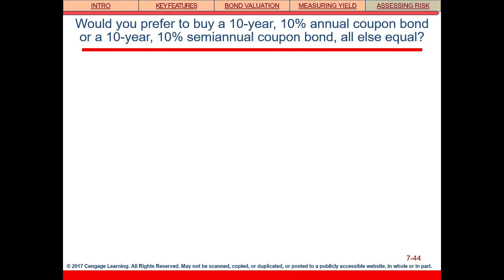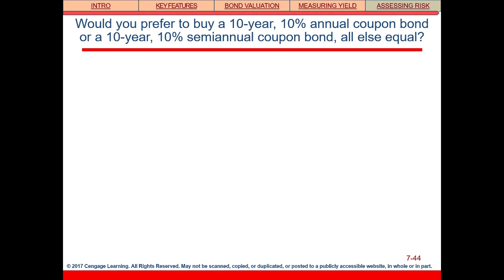So if the par value is, let's say, $1,000, then with a 10% coupon interest rate, no matter whether it's semi-annual or annual, you will receive $100 every year. No matter whether this $100 is given to you at once or split into 2 times, with $50 each time, you will receive $100 every year.